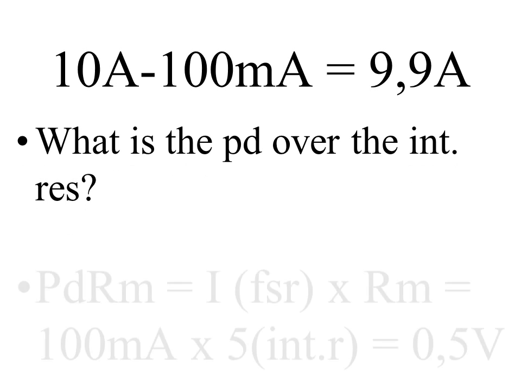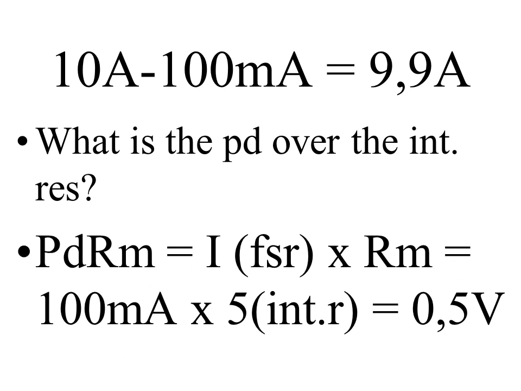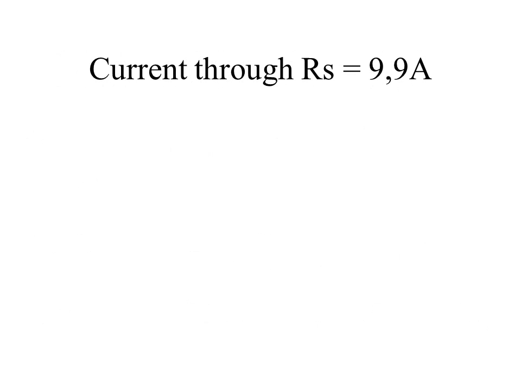So, potential difference over Rm equals I FSR times Rm, and that will equal 100 milliamperes times 5, which is the internal resistor, and that will give us 0,5 volts. Now remember, the current through Rs must be able to handle 9,9 amperes.